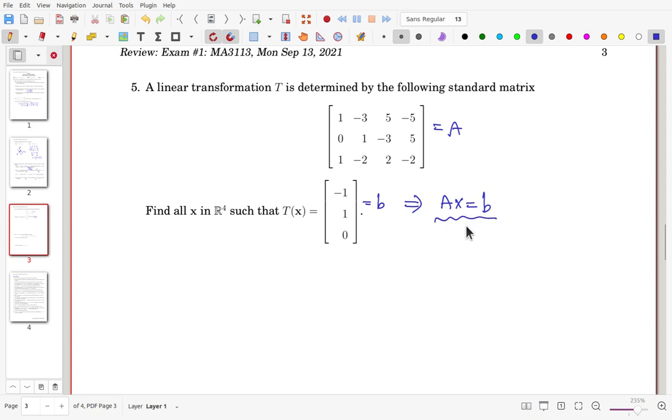Just start with the augmented matrix and reach the reduced echelon form and try to express the solution using a free variable. Then that's it. So you can finish this problem yourself. Try.